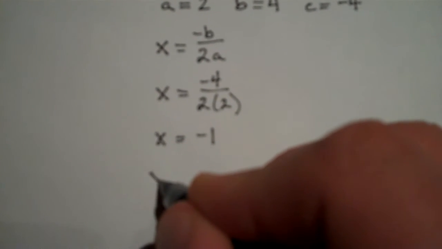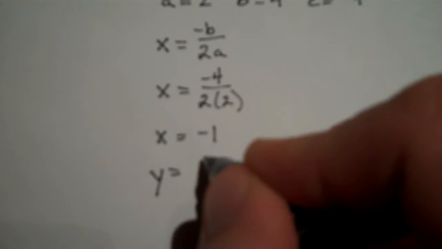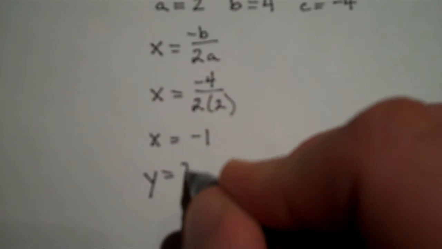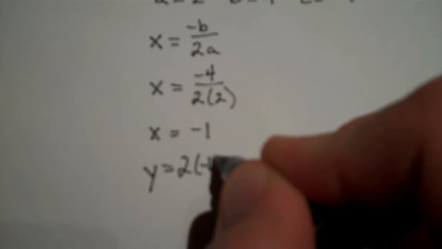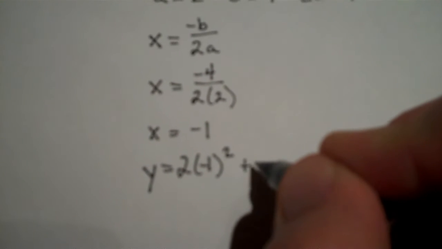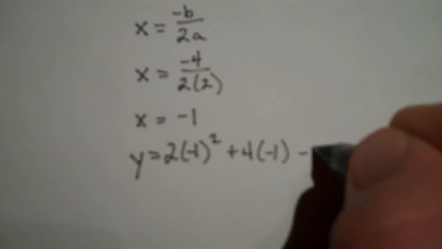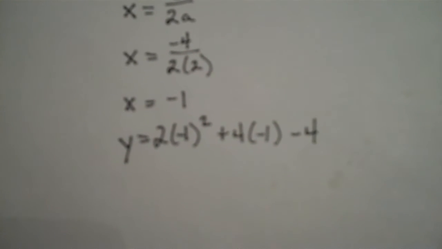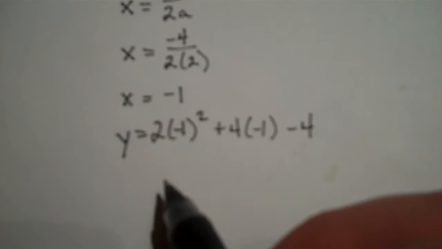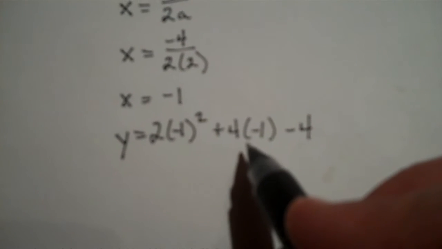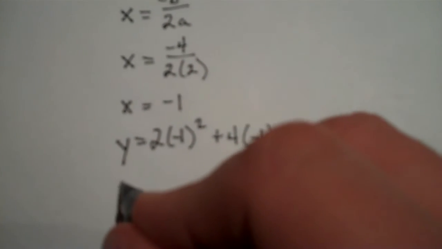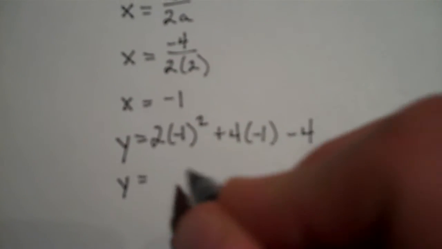So we have y equals 2 times negative 1 squared plus 4 times negative 1 minus 4. Do a little simplification there. This gives me 2 minus 4 minus 4. So the y value equals negative 6.